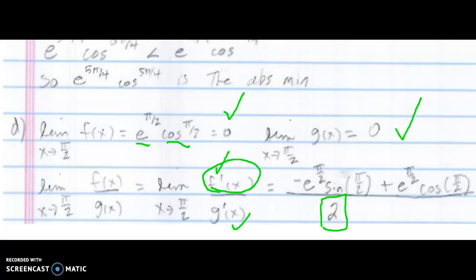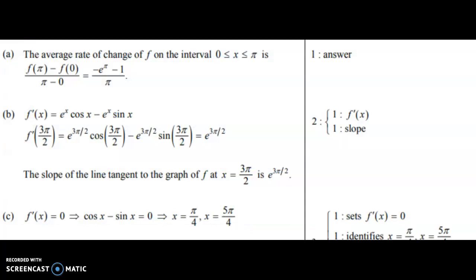Let's look at the scoring guide. Try to score yourself as best you can. I know it's kind of hard without being in class to do it together. So in letter A, you have to show the setup of the average rate of change. Now, you cannot use F to get credit for your average rate of change.